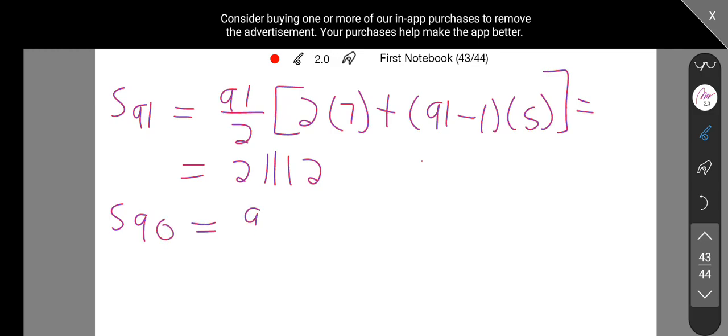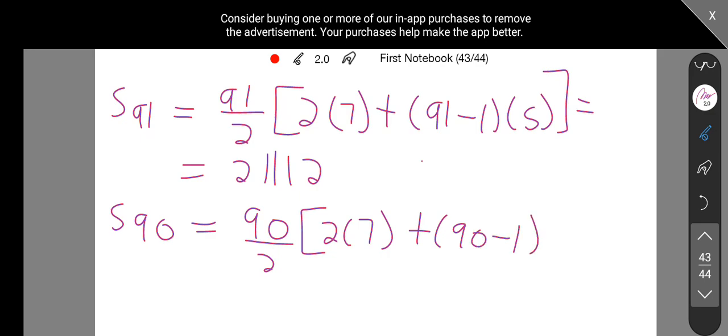S90 is equal to 90 over 2 multiplied by 2 times 7 plus 90 minus 1 multiplied by the difference, which is 5. So we're going to get the answer here. We can just replace the 91 with 90 and get the answer. The answer is 20655.